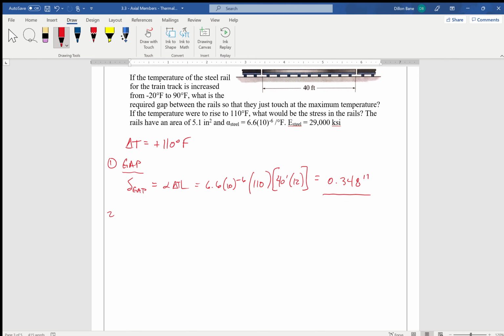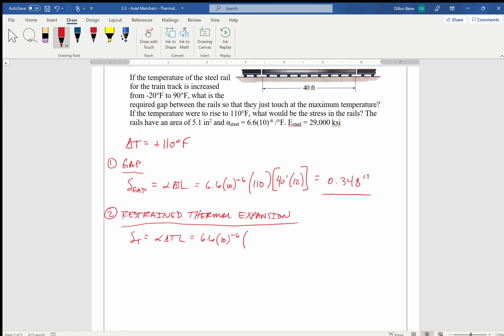So let's make that our step 2. Restrained thermal expansion. We know that delta T is equal to alpha times delta T times L. Alpha is still 6.6 times 10 to the negative 6. For delta T this time, let's look at just the restrained portion.